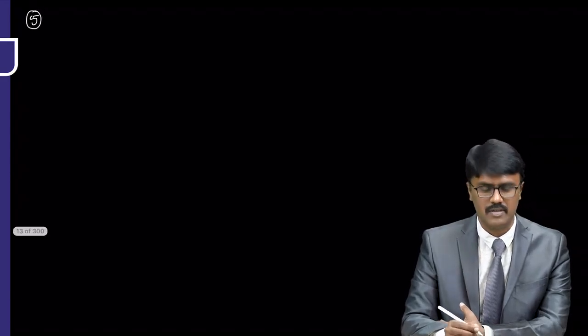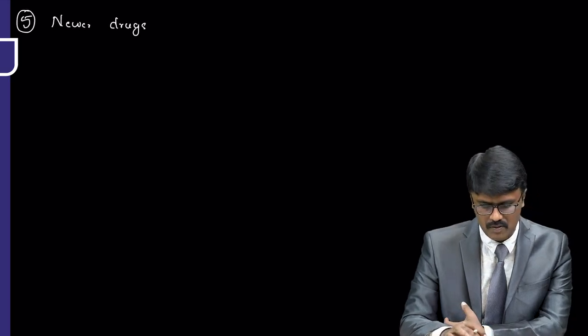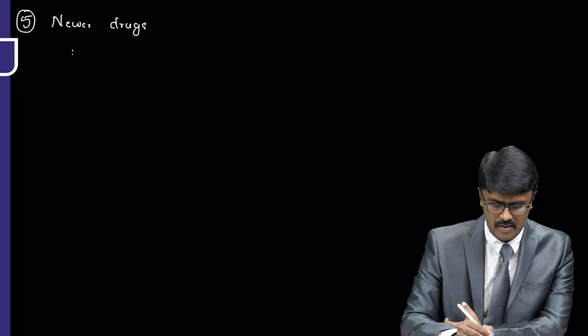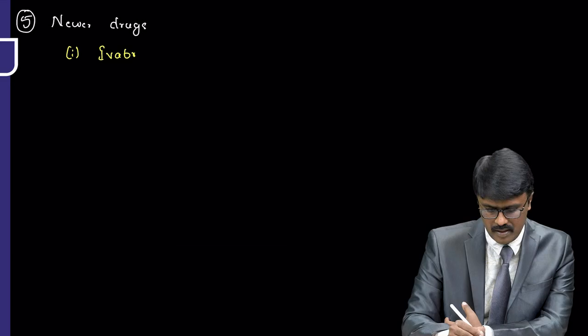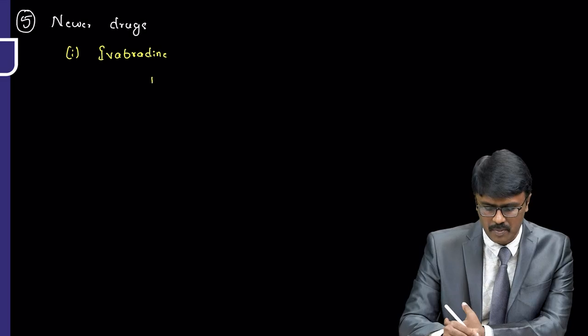So moving on to the last category of drugs, and they are called the newer drugs. So we'll be discussing the newer drugs in angina pectoris. So what are the newer drugs? Number one, we have a drug by the name ivabradine. Now, what is the mechanism of action of ivabradine?